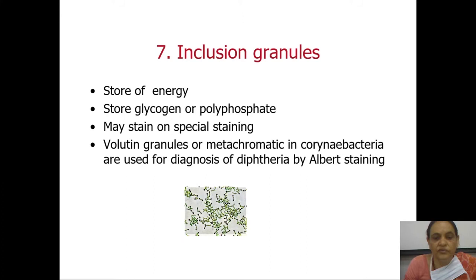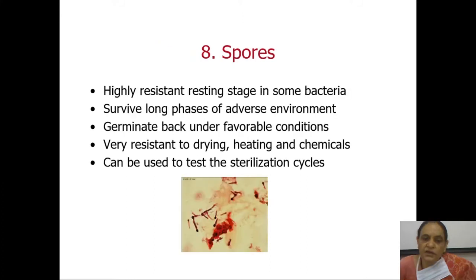They are very resistant to drying, heating and chemicals, and some of them, like Bacillus, are also used to test the sterilization cycles in an autoclave. Once we tell you about sterilization, disinfection, then we will also let you know how we use these bacterial spores for testing the quality of an autoclave, where the autoclave should have killed these spores.